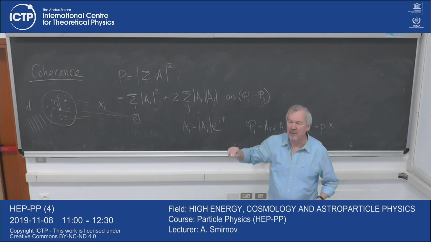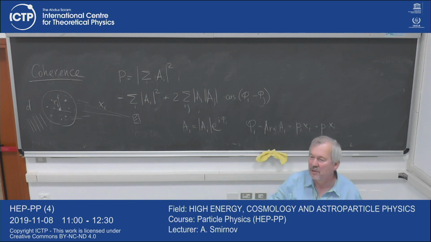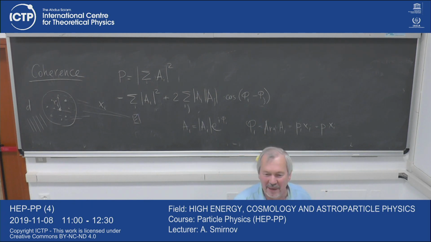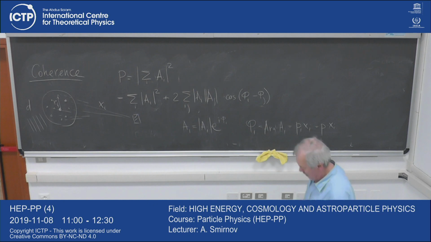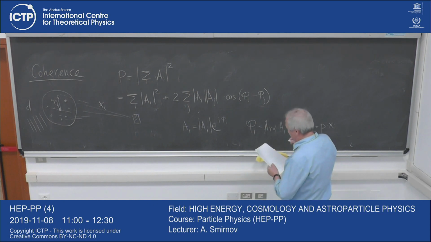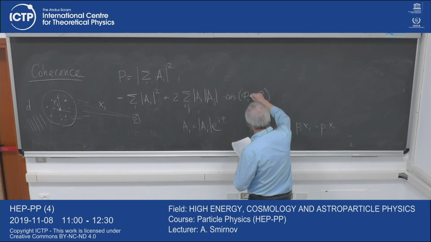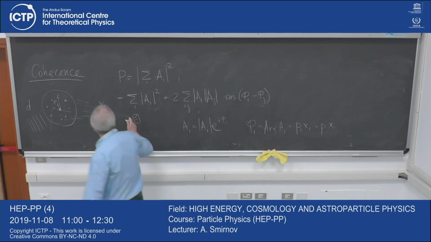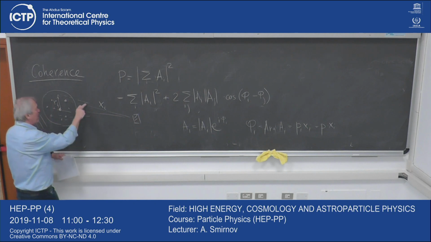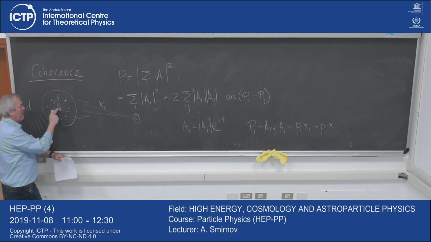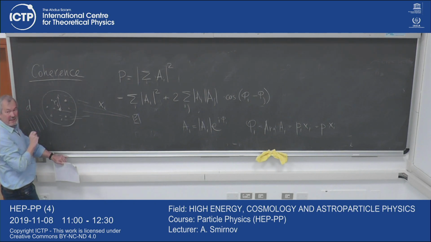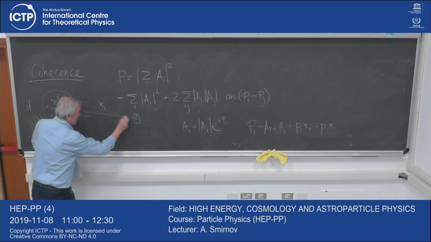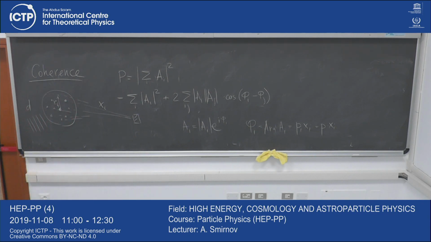I don't want to repeat, but please do this for 2 amplitudes, and then you will understand immediately what's going on. So we have here the difference of the phases of the scattered waves, which arrive from different scatterers inside. Right? So that's what the phase is.